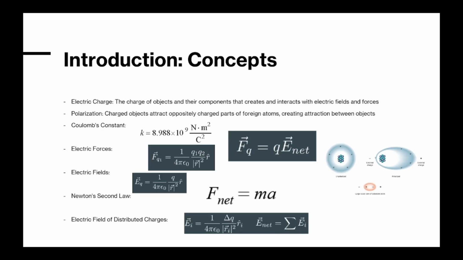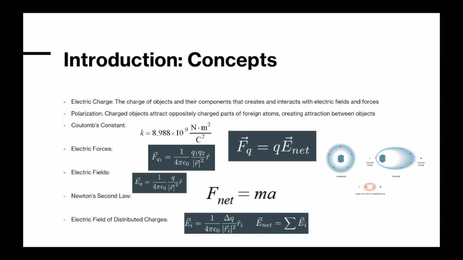The concepts that we have used in both labs were the electric charge, which is just the actual charge that objects have due to certain things in their environment. Polarization, which is charged objects acting on neutral objects and turning them into other charged objects. We have Coulomb's constant, which is used in a lot of the formulas we have to use.